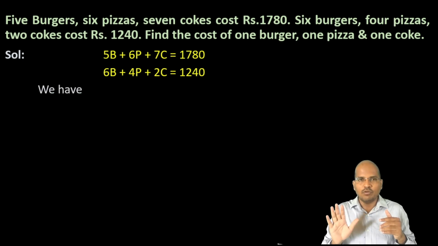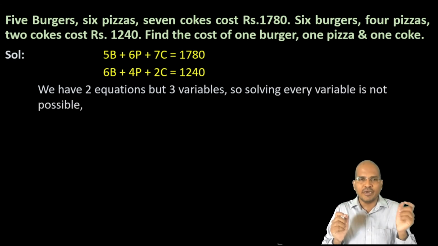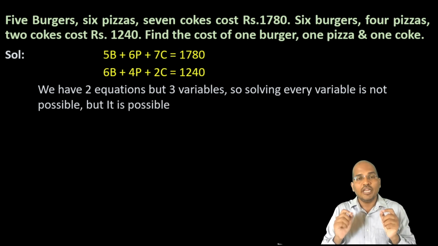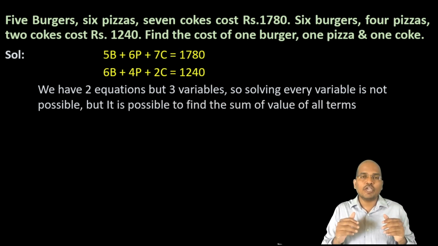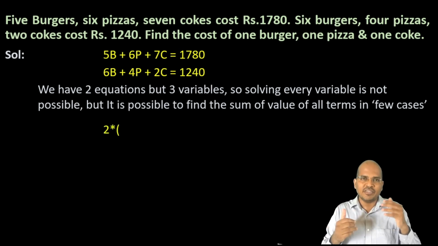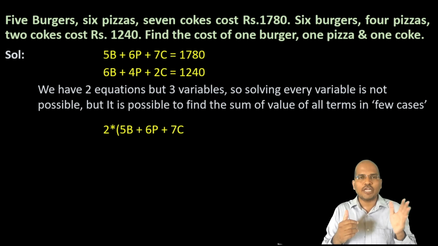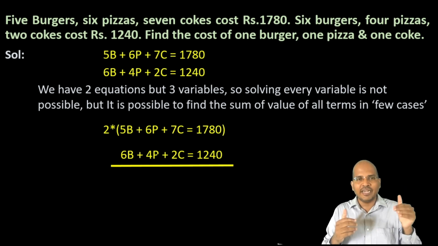Yes or no? Now you are given two equations with 3 variables. So solving the values of burger, pizza, coke individually is not possible, isn't it? But what can we do when we cannot calculate individually? We have a case where we can solve them together by adding or subtracting them. Now I multiply the first equation with 2, that is 2 times 5b plus 6p plus 7c is 1780, and I add that with the second equation.